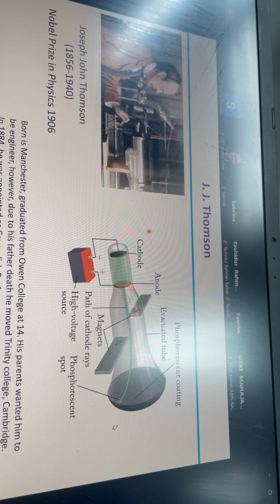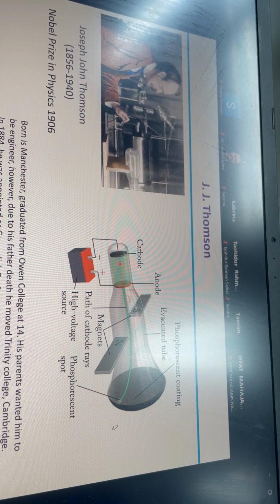Okay, so he was doing the same experiment. This is a Crookes instrument that around 1800, a lot of people did research on. Like others, he was using different metal bars, made out of maybe copper, zinc, and then he connected this with a circuit, and he also put in some magnet, and this is a fluorescent coating.